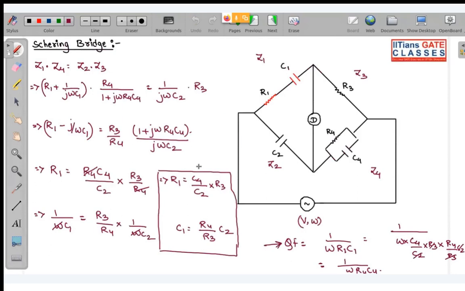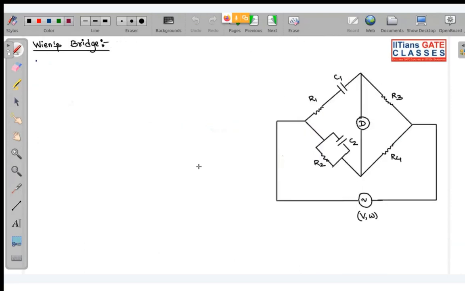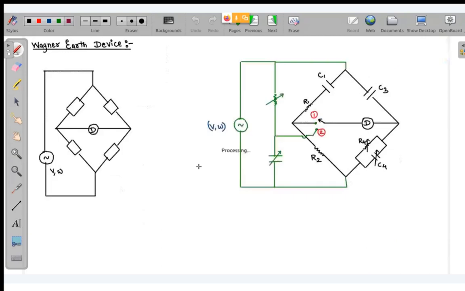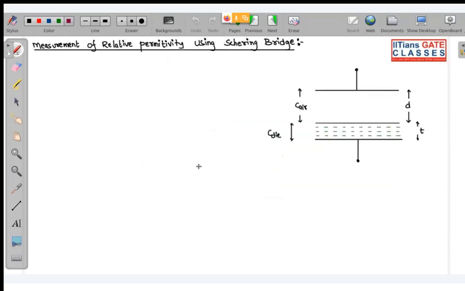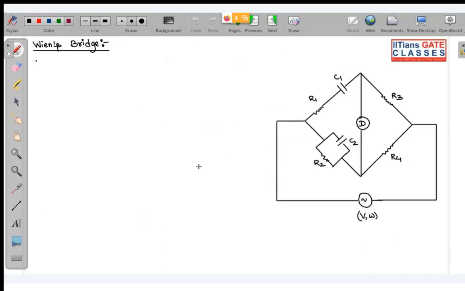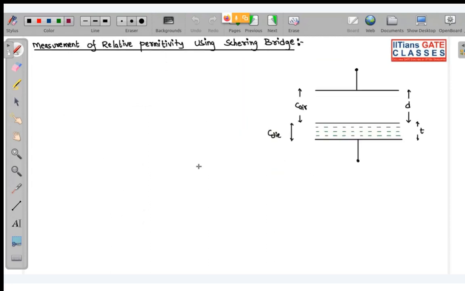Any doubt? So note it down quickly. Then we have these two things, Wagner earthing device and Wien's bridge. We are going to do these in the next class only. Now we are just going to see the measurement of relative permittivity using the Schering bridge.